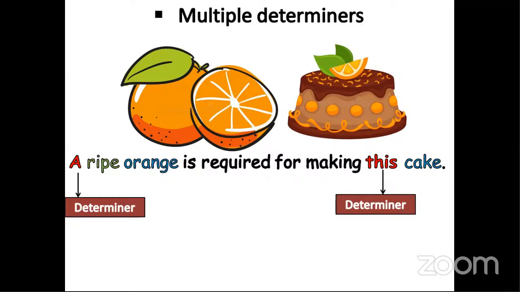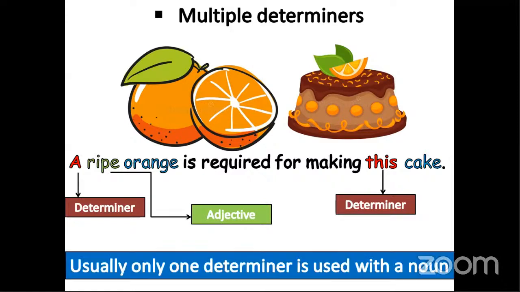Now you will see a has been placed before the adjective ripe. So with every noun we have used only one determiner. So we can say that usually only one determiner is used with a noun. And in most cases there is only one determiner placed before a noun.